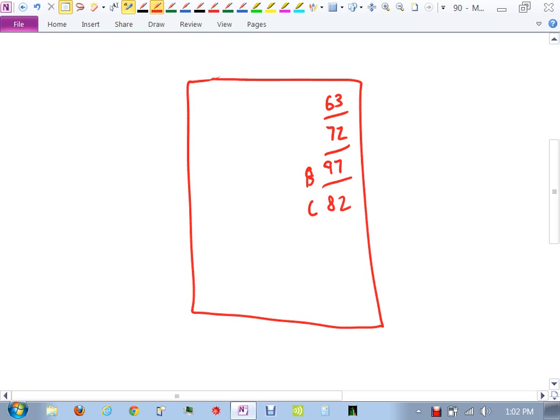The top number is the grade on this exam. The second number is your grade in the class. And then whatever numbers come next are what you need to average the rest of the way for those grades. So like this student got a 63 on this test, has a 72 in the class, would need to maintain a 97 average for a B in the class, would need an 82 for a C, and an A is not possible. So if an A isn't up there, it means it's not possible. Okay? Questions on that?